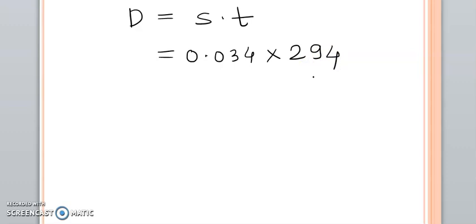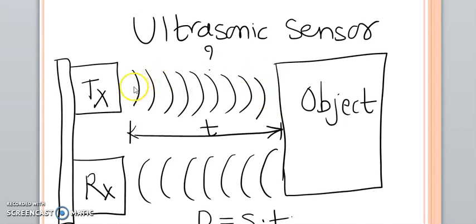But as we have seen, the total time required for the ultrasonic wave, 294, considers forward and backward, but we want to calculate the distance of an object from the sensor. So we want only half of the time that the ultrasonic wave travels. That is, we only want the forward time of travel of ultrasound.